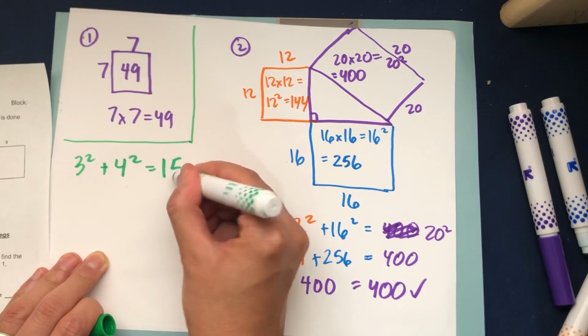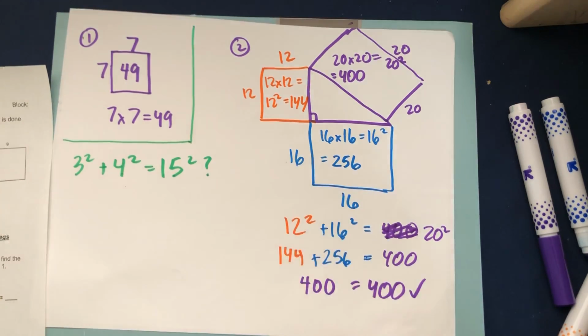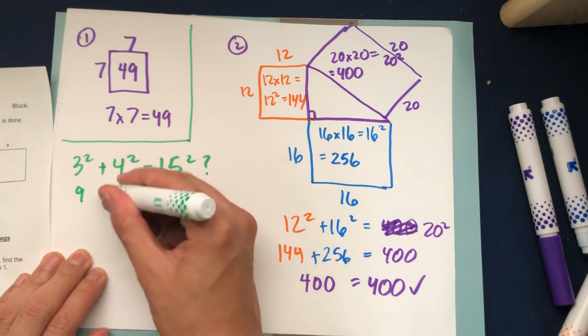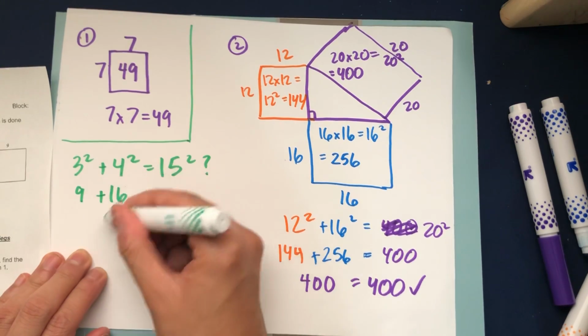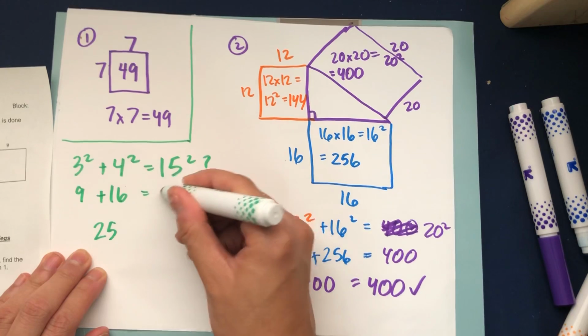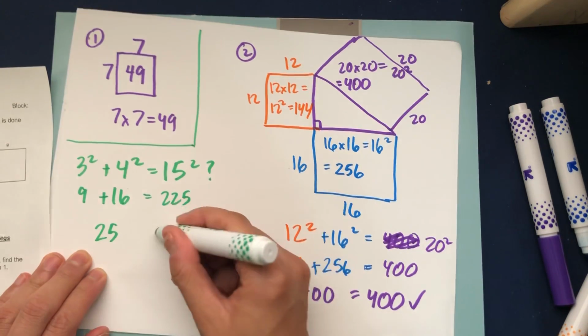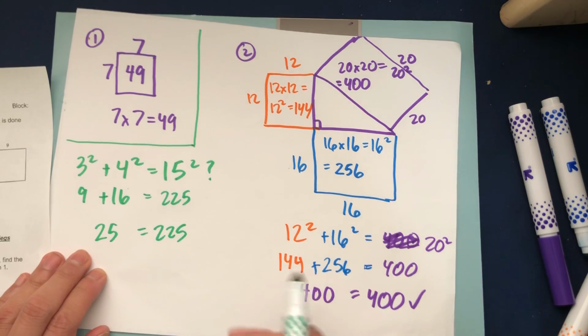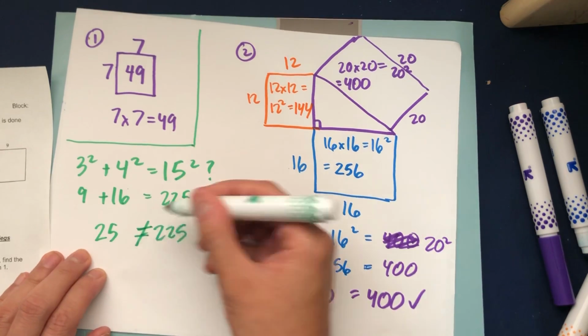Does it equal 15 squared is the question. 3 squared is 9. 4 squared is 16. 9 plus 16 is 25. 15 squared is 225. Does 25 equal 225? No, not in this case.